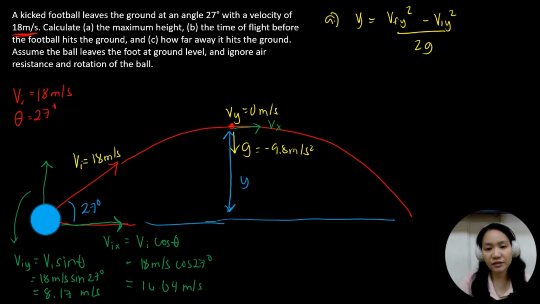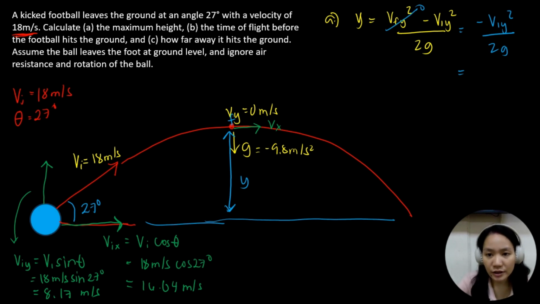So it is beneficial for us to use this equation. So using that equation, we can substitute the values. Since Vfy is 0, or at the highest point there is no vertical velocity, we can remove that out of the equation, thus turning the equation into negative viy squared all over 2g.